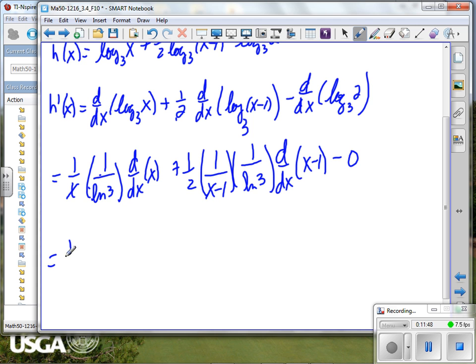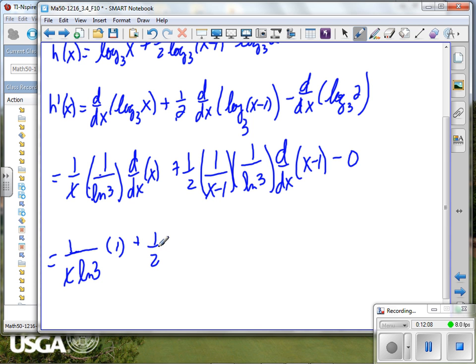So we have 1 divided by x. I'm going to actually multiply times the natural log of 3, this whole piece. Derivative of x with respect to itself? Just 1, yeah. Plus 1/2.